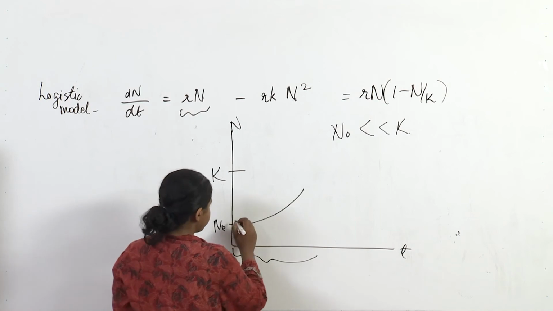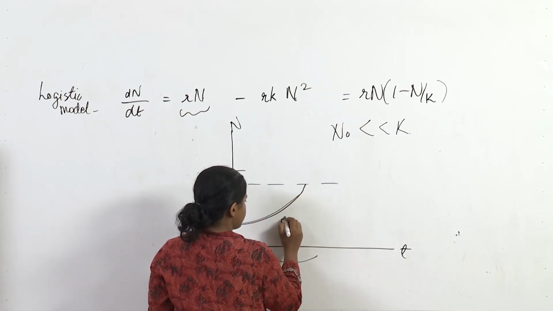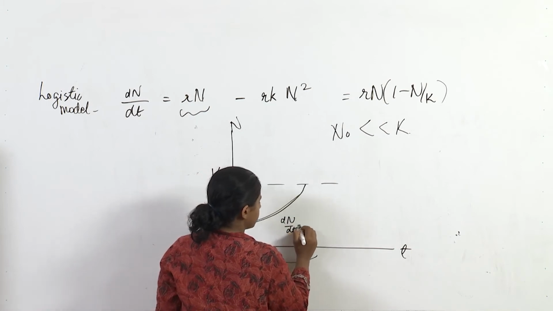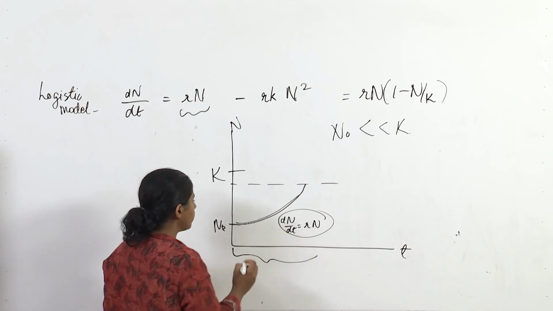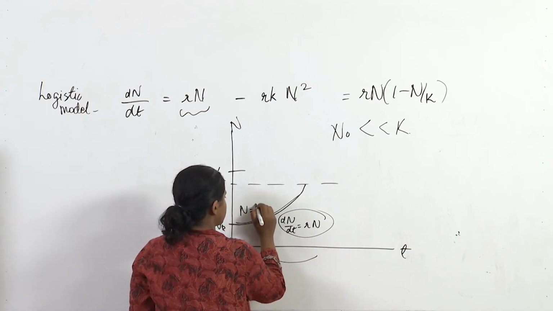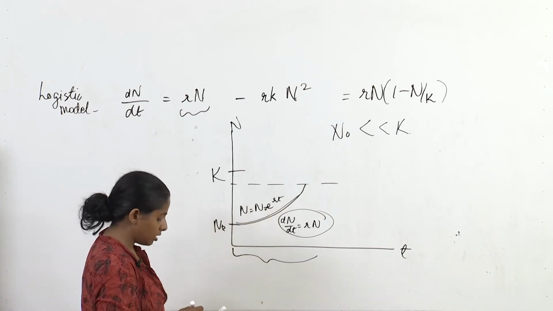So for some time we will see our first model dN/dt equal to rN holding very true, and thus the population would look like N equals N naught e to the power rt, which is an exponential growth.